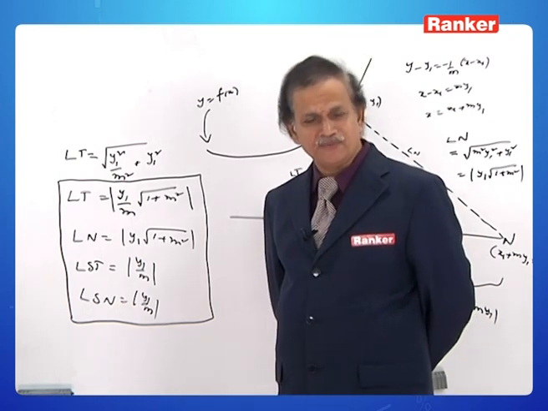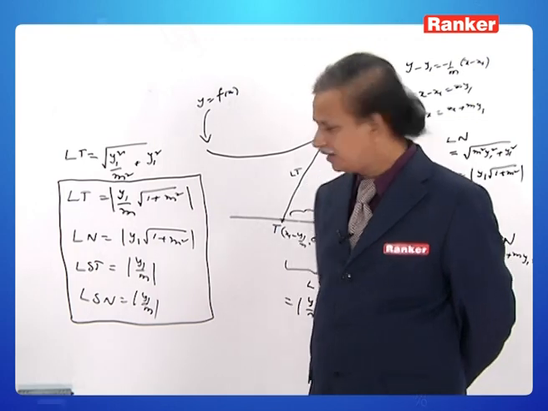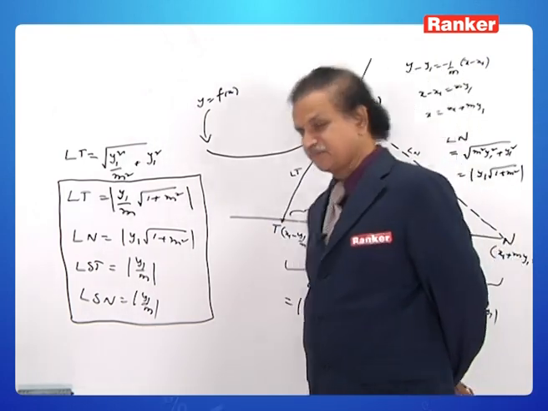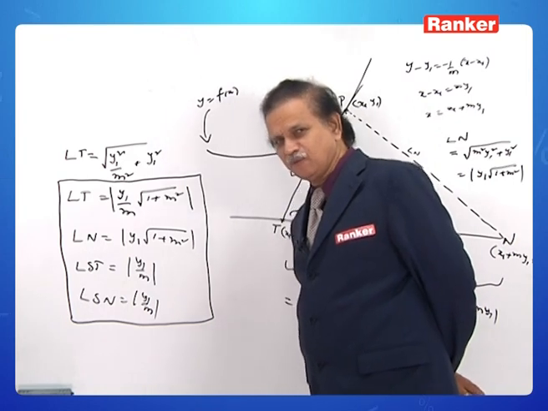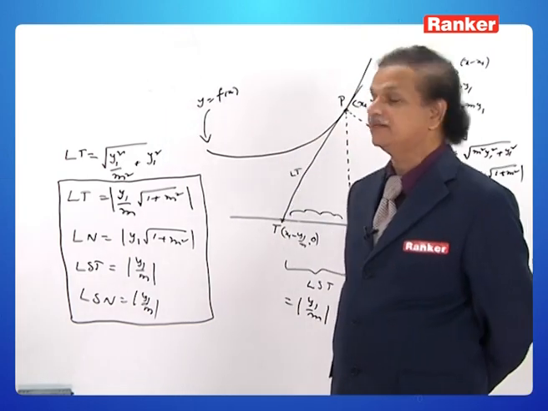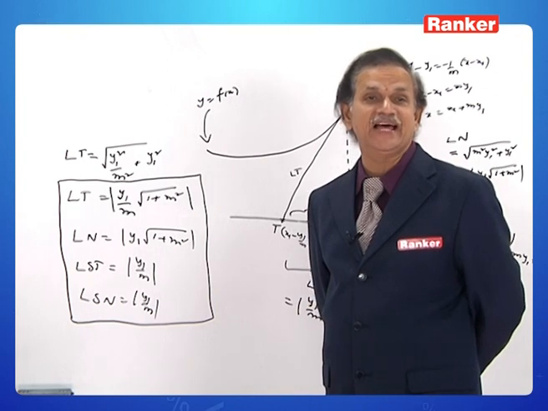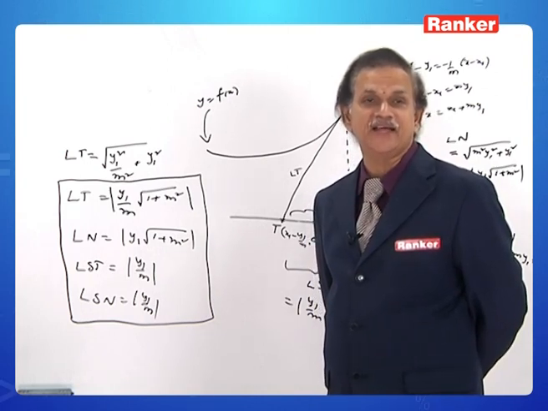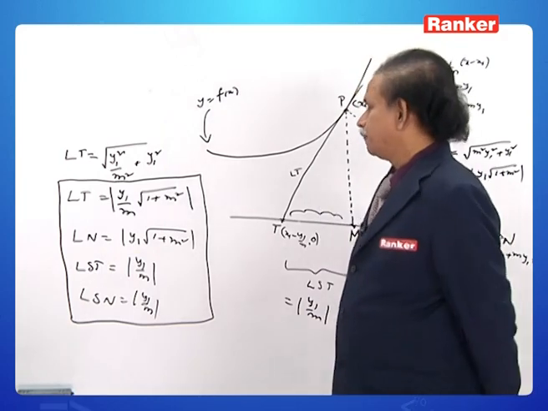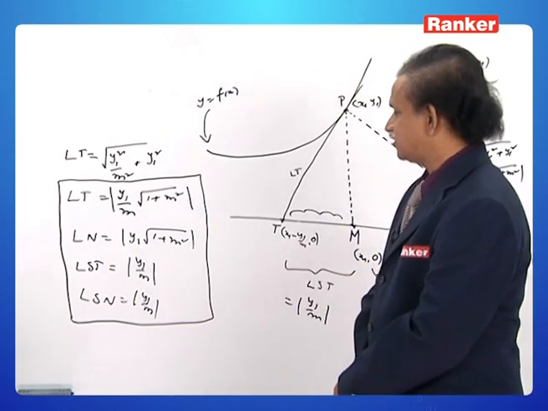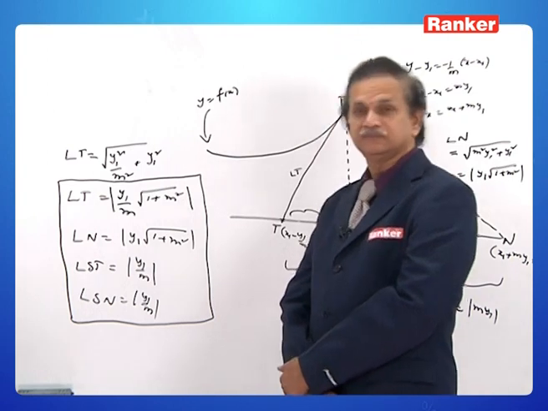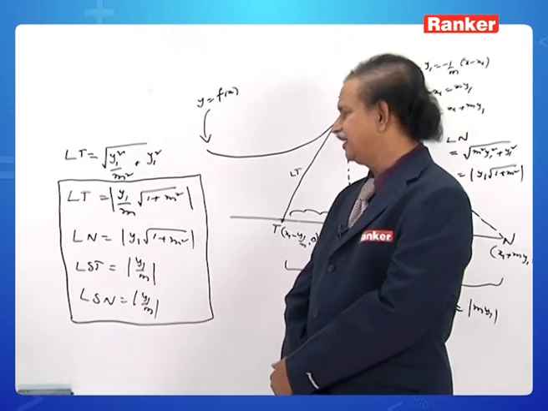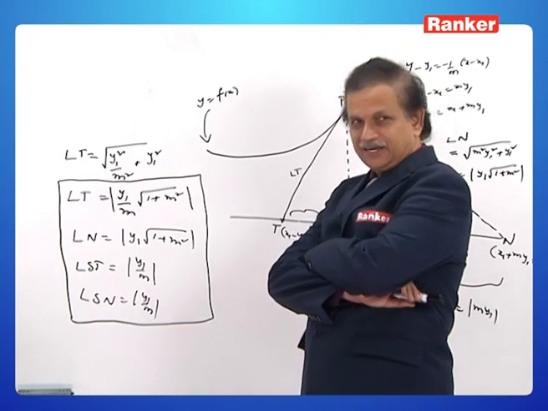So many important, beautiful things can be derived. What is the product of length of the subtangent and length of the subnormal? You see, it is nothing but y1 square, that is, ordinate whole square. What is the quotient of length of the normal by length of the tangent?